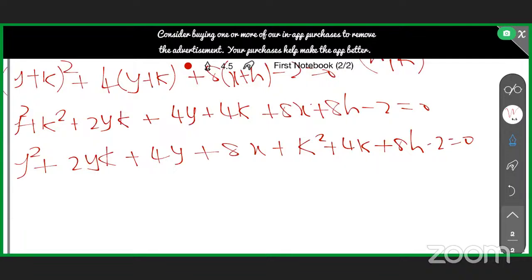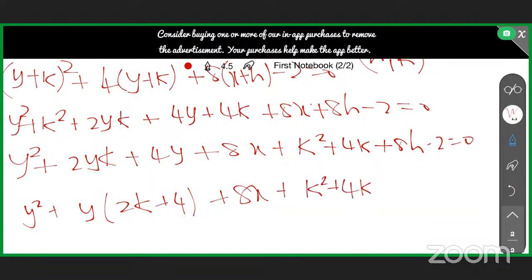Here y is common, so what is left is 2k plus 4. So it is y square plus y into (2k plus 4) plus 8x plus, this is indirectly constant, k square plus 4k plus 8h minus 2. This entire thing is constant.